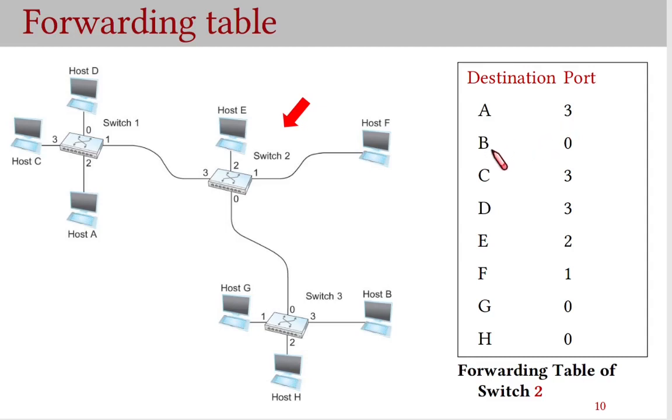Take another example, host B. Host B is connected to switch 3, and switch 3 is connected to switch 2 at port 0, so to send any packet to host B, this switch has to forward it on its port 0, and that is reflected in this forwarding table. I encourage you to work through all the other examples.